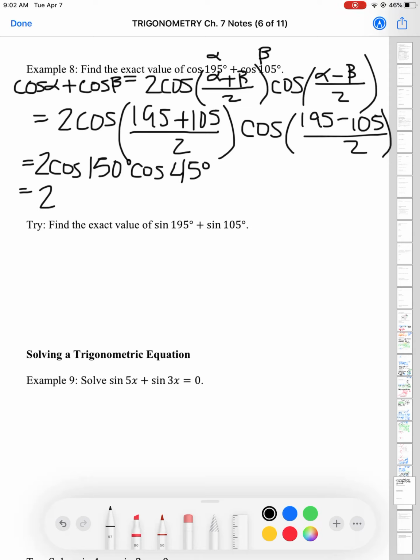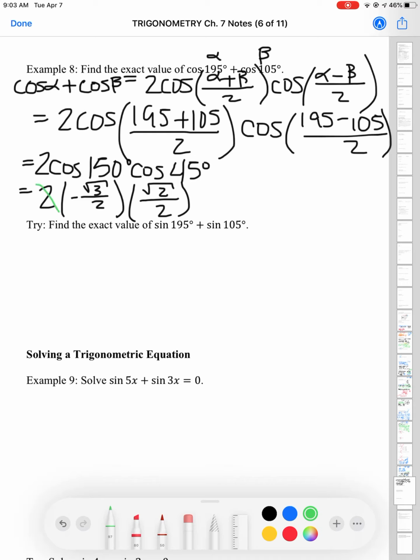Now, the cosine of 150 degrees is negative root 3 over 2. It's in the second quadrant, it's the 30-degree reference angle in the second quadrant, so it's negative. And then cosine of 45 degrees is obviously root 2 over 2.